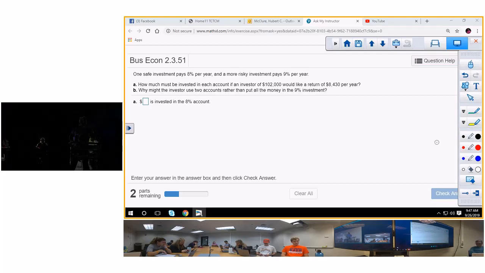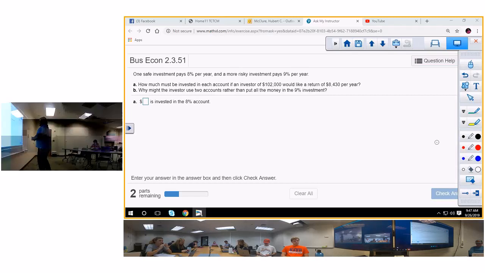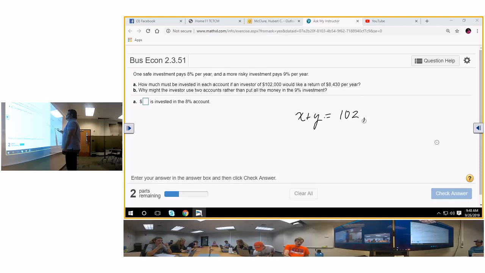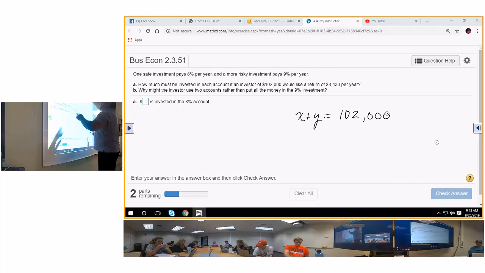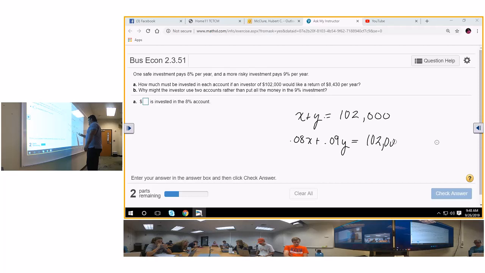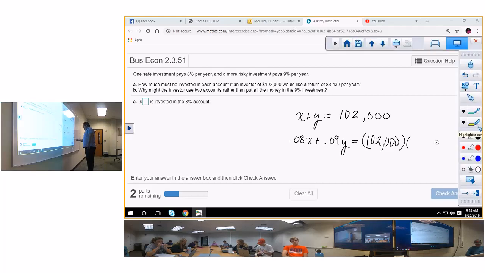So x plus y, or A plus B or whatever, is equal to what? 102,000. So x plus y is equal to 102,000. And then 0.08x plus 0.09y is equal to 8,430. Sorry, 8,430.